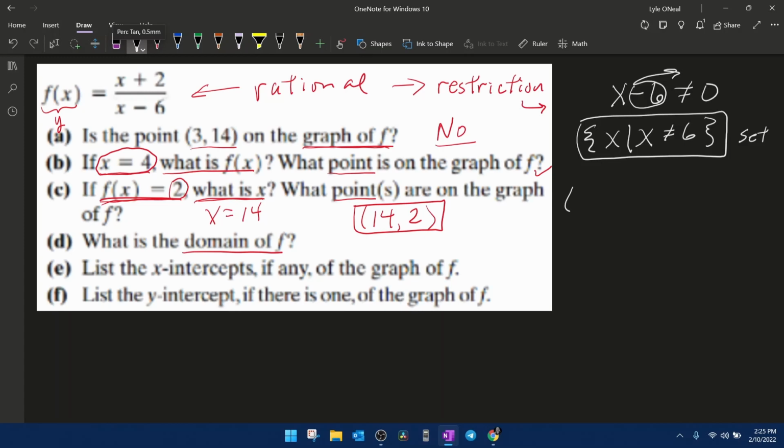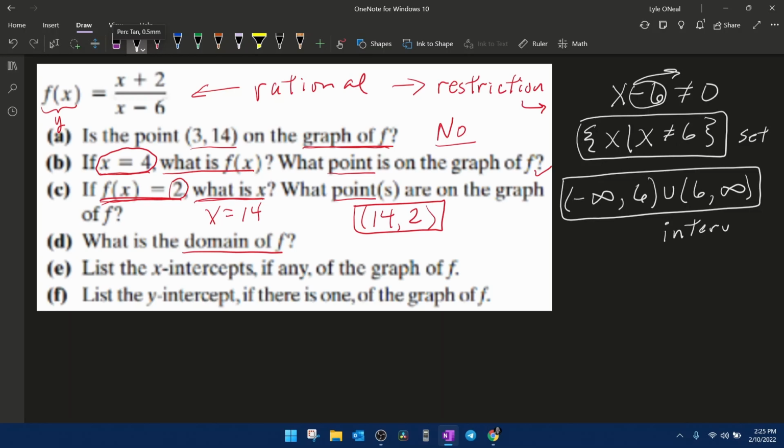So in interval notation, we would say that x can be anything from negative infinity up to 6, not including 6, but then everything just a little bit bigger than 6 to infinity. Basically, this says that x can be anything from negative infinity to infinity except 6. And again, this is the domain written in interval notation.